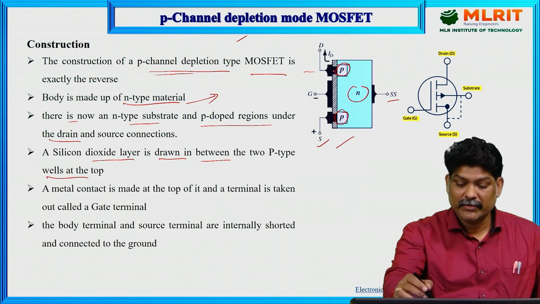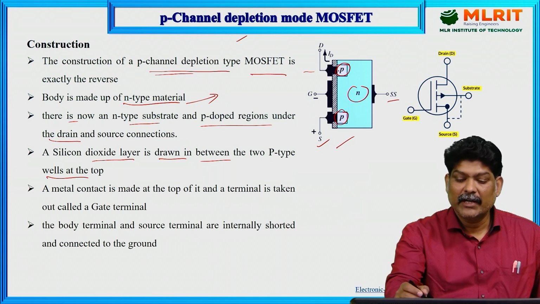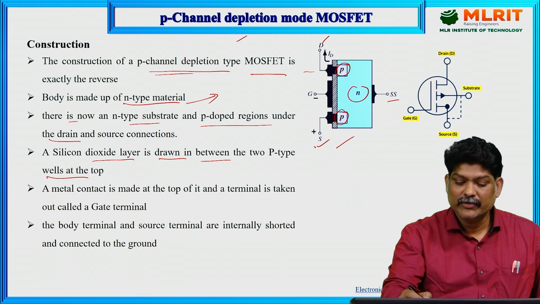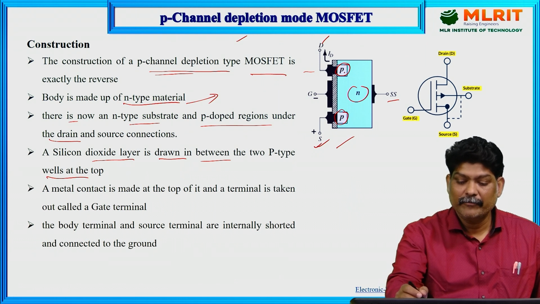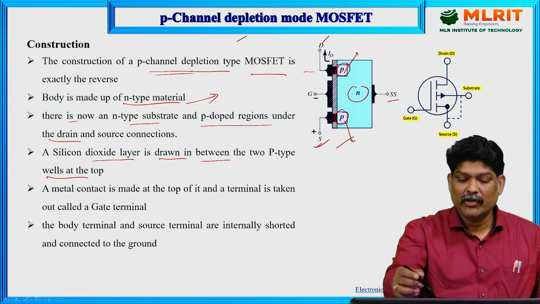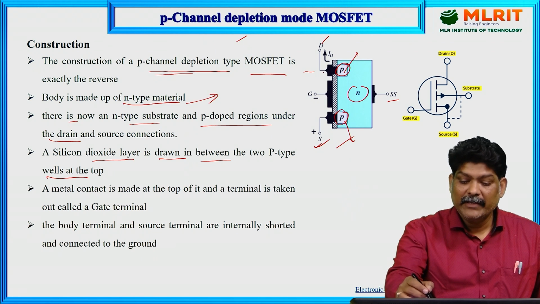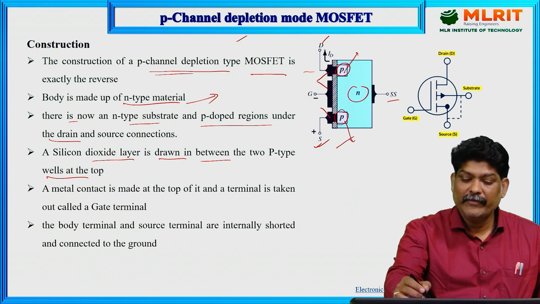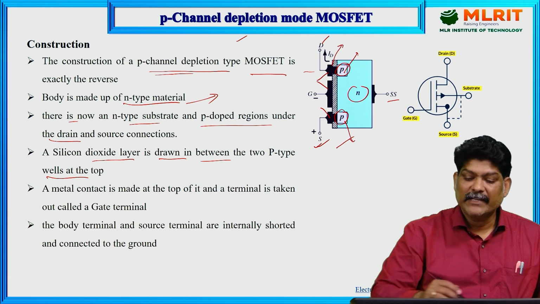On the top side there are the drain terminal and source terminal, with P type regions on both sides, and these are the metal contacts. In between these we have a SiO2 layer.